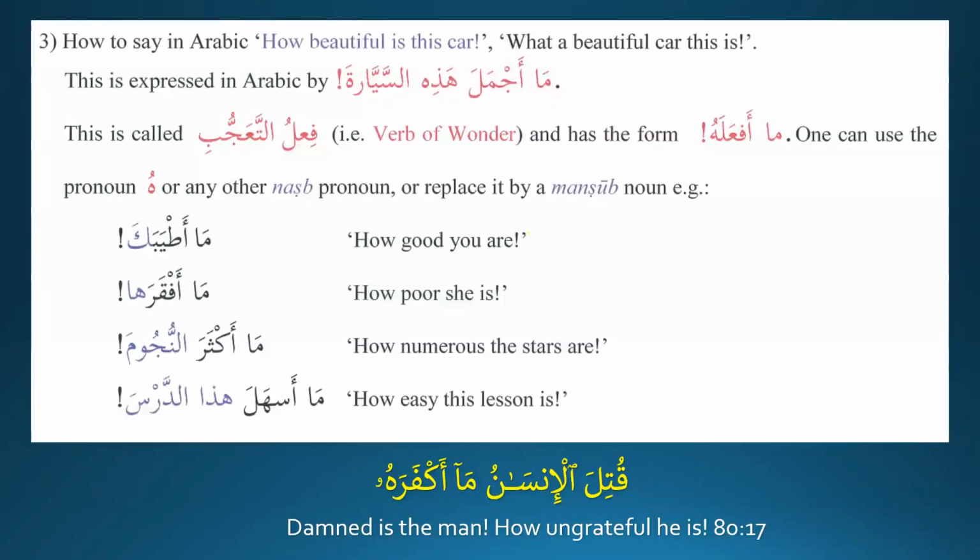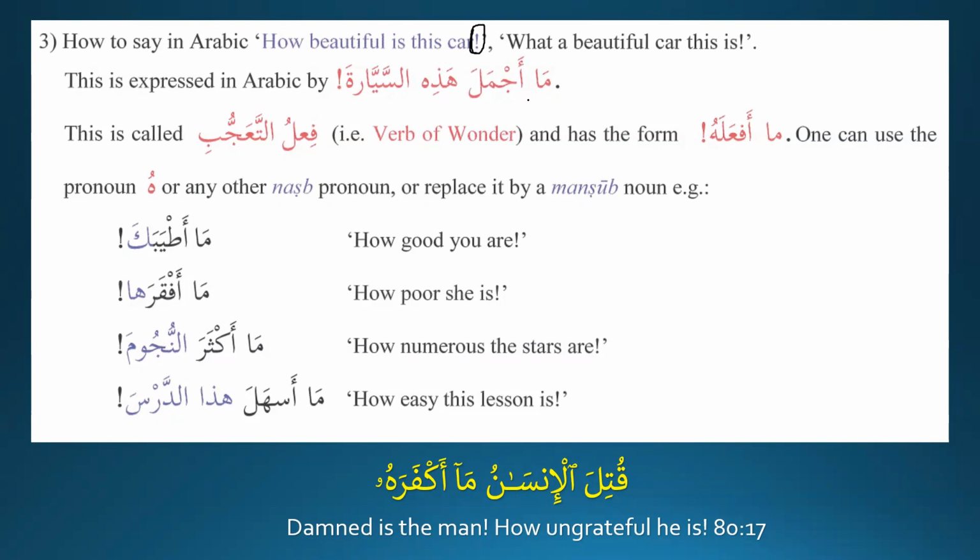Number 3, what about the ta'ajjub, exclamation, like we say in English? So how beautiful is the car, as we can see over here. So now here, if you see, we have exclamation over here, and what's the pattern that we need to use in Arabic language?